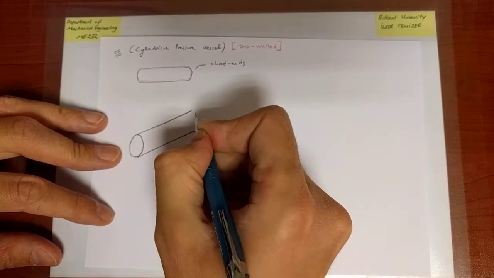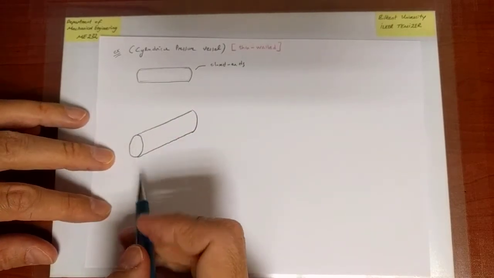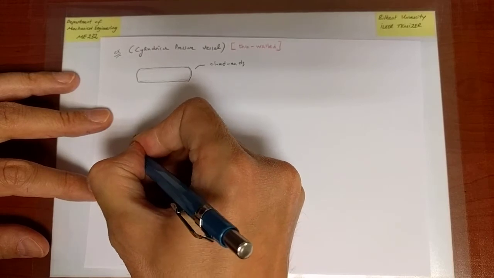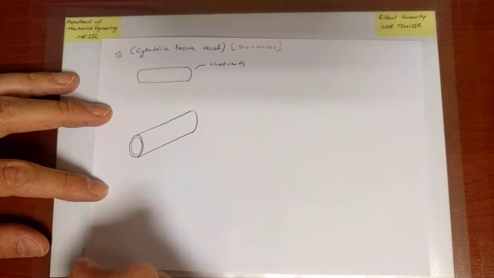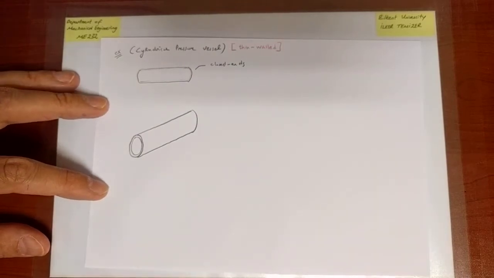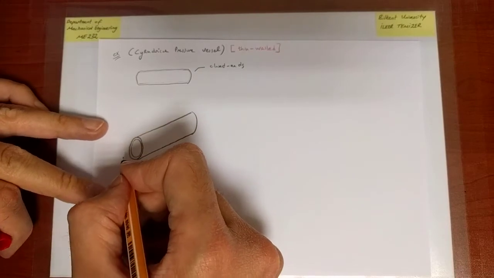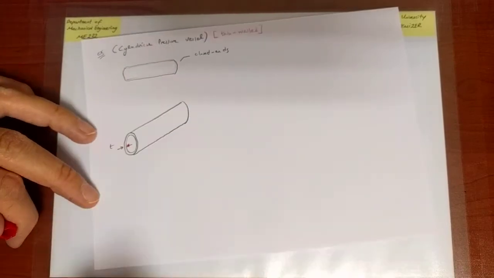And so that is our vessel, right? So that's just the intermediate cylindrical portion. And it's going to be made of a certain material, say steel, and it will have a certain wall thickness. That wall thickness, let us call it T.